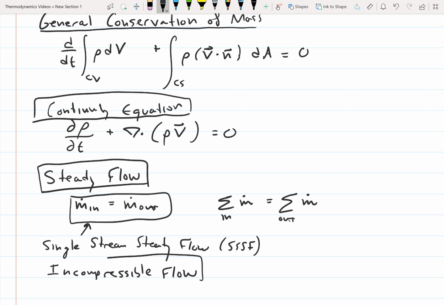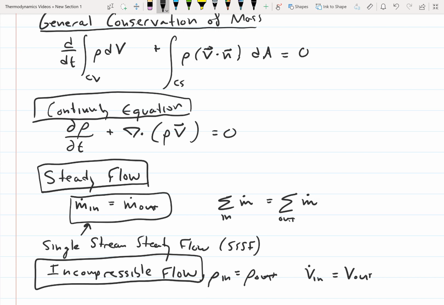And then we made one more assumption: we assumed that we had incompressible flow. So for incompressible flow, the density is constant. So I'm going to rewrite this as rho in is equal to rho out, so the density is constant. Then we ended up with the volumetric flow rate in is equal to the volumetric flow rate out.